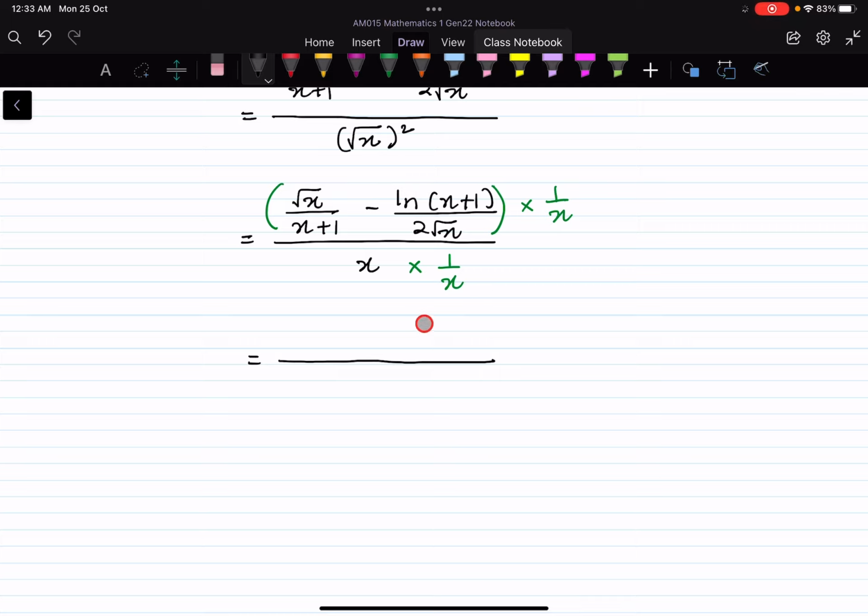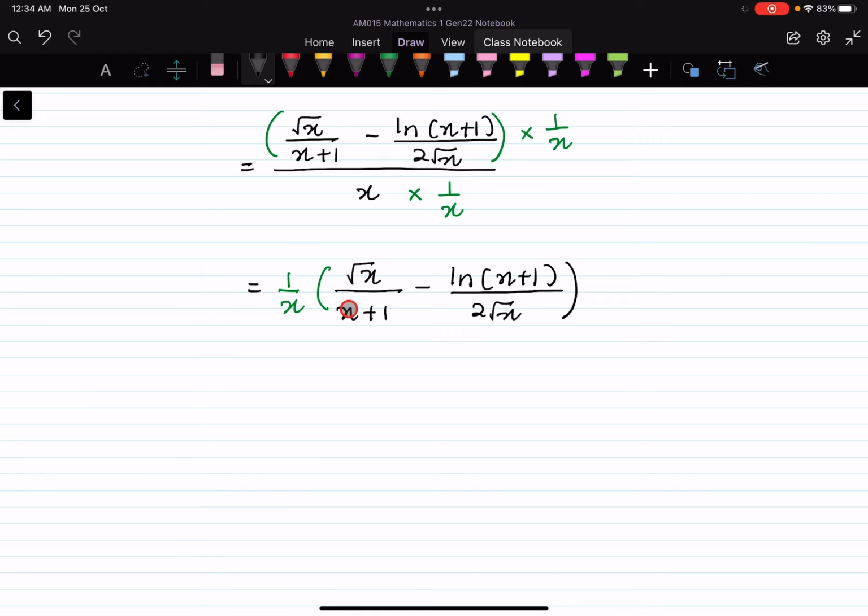So what happens now is there's no more denominator x here because we have already multiplied x with 1 over x. It becomes 1 now. So I'm going to write down my 1 over x here, times with this: √x over (x+1) minus ln(x+1) over 2√x.